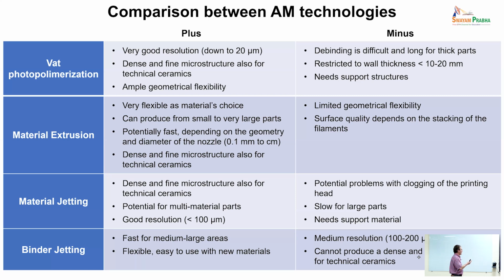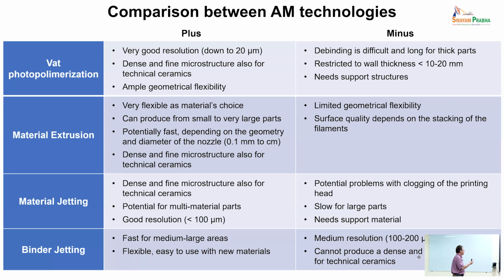It is potentially fast, but it depends also on the geometry and diameter of the nozzle. And again, with material extrusion, you can obtain dense and fine microstructure also for advanced ceramics. And this kind of answers one of the questions that we had this morning.